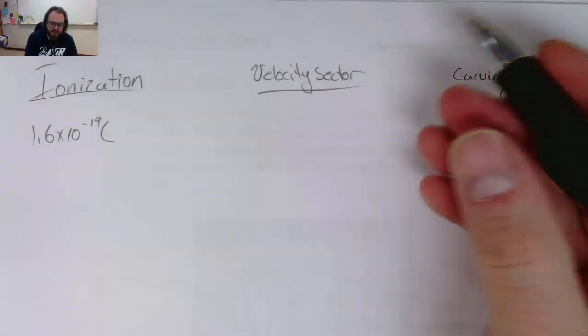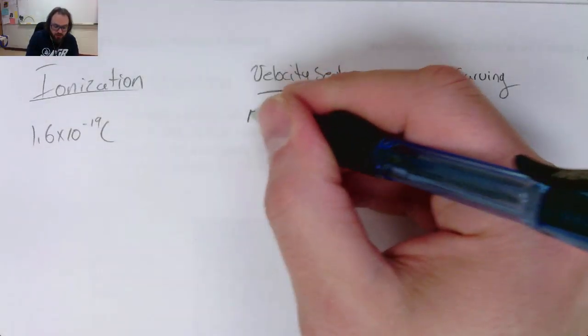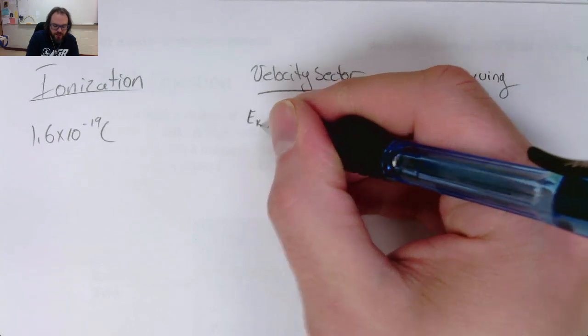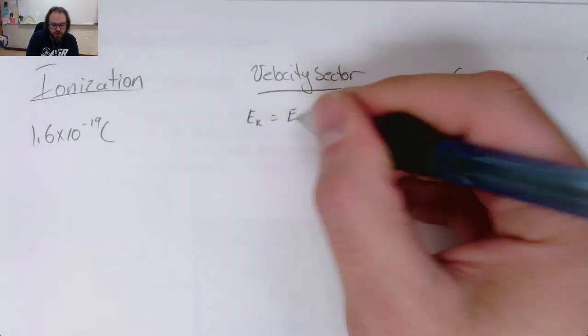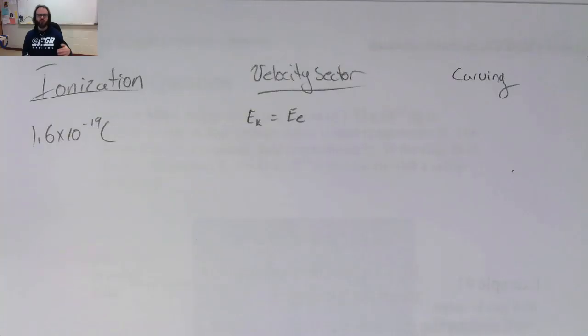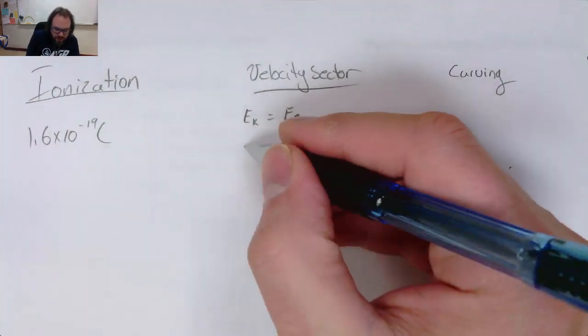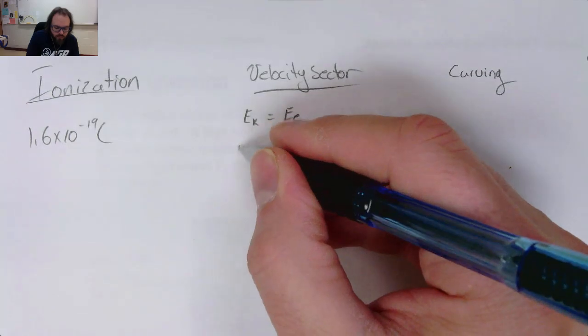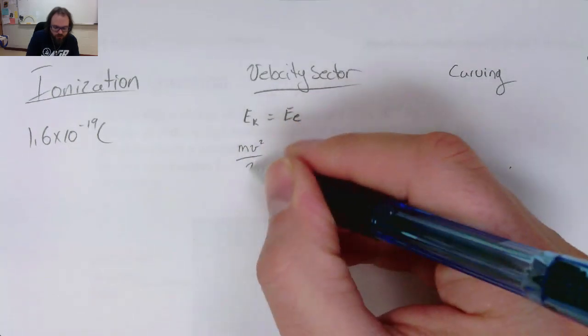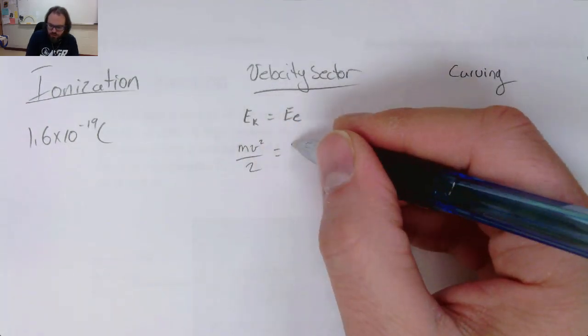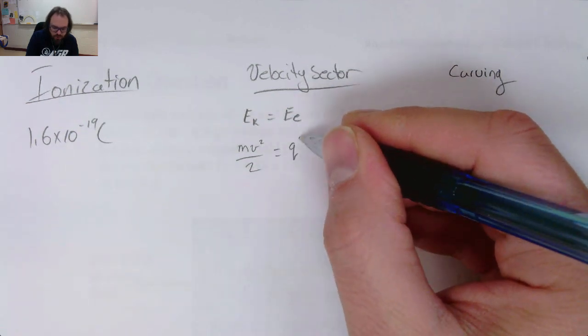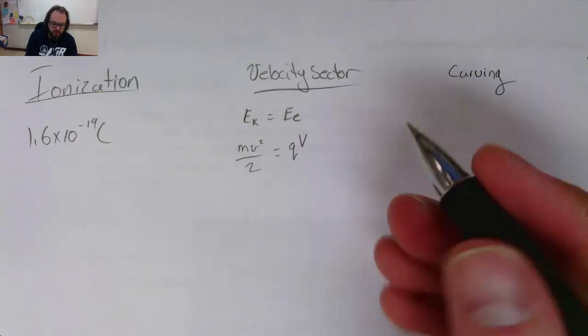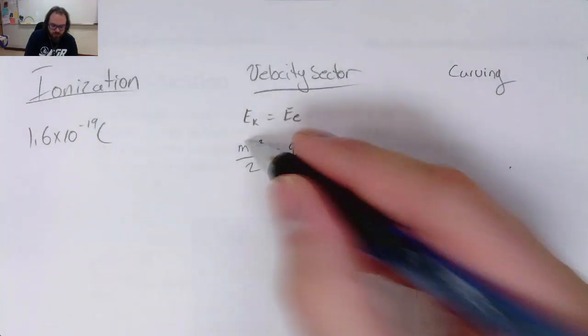Now my velocity sector, once again, we're using energy. So my kinetic energy must be equal to my electric energy, because we're changing all of our electric energy to kinetic energy. In this case, I have mv squared divided by 2 must be equal to Q, my charge, times my volts. We want to find, once again, my velocity.